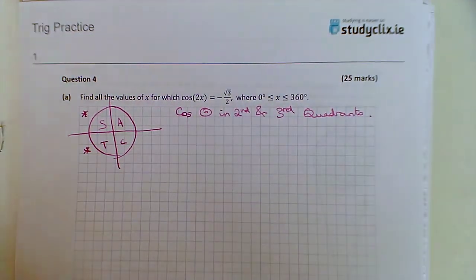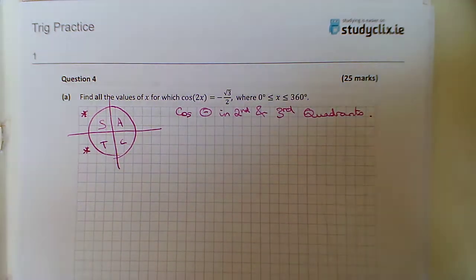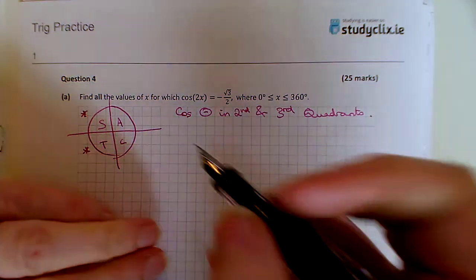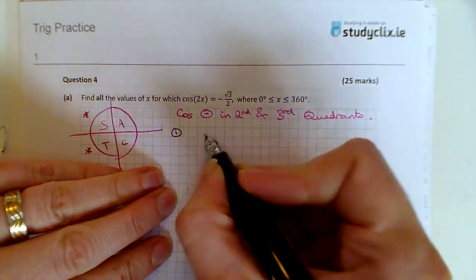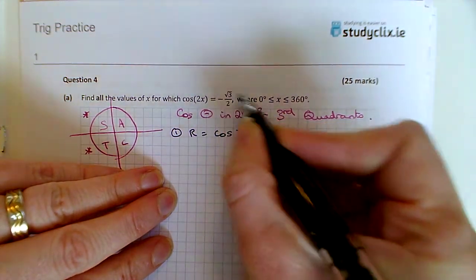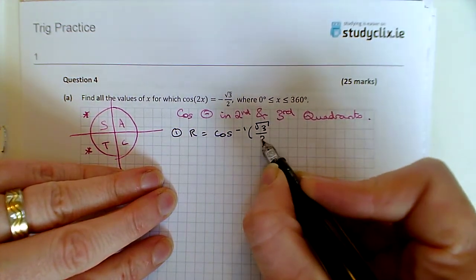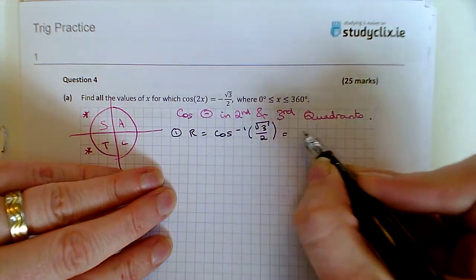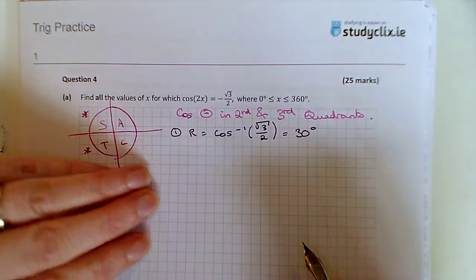So we have our low partial credit straight away just for writing that down. Then I'm going to find my reference angle. So my reference angle is cos inverse of whatever this number is, regardless of the sign. So cos inverse of that, which ends up being 30 degrees.